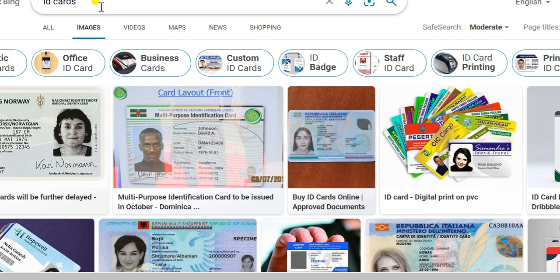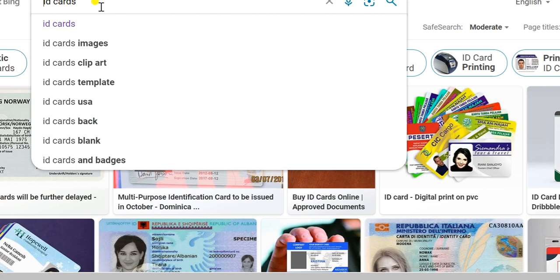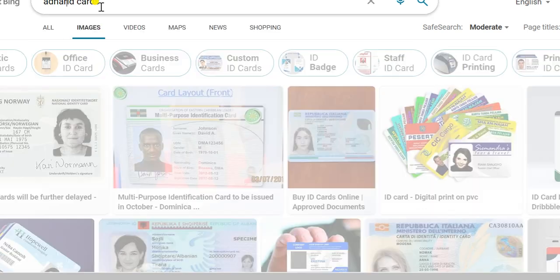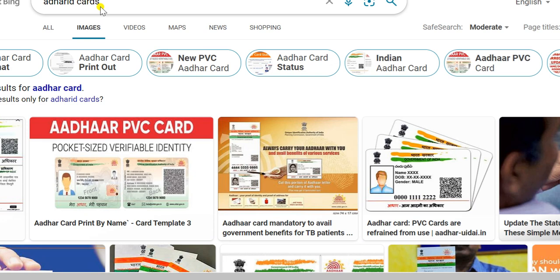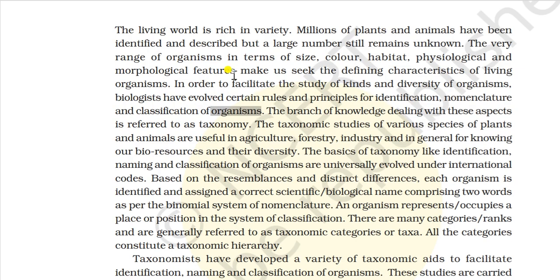An Aadhaar card is an ID card. What does it tell us? It tells us who we are, right? So similarly, to tell which organism is which, we will look at their features, how they look, what they eat, what they drink, and all we'll see, right?